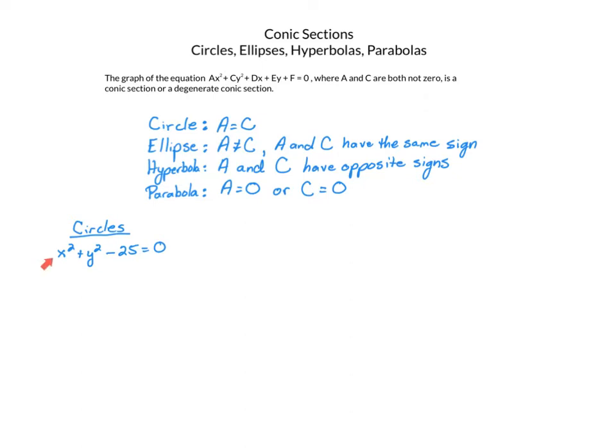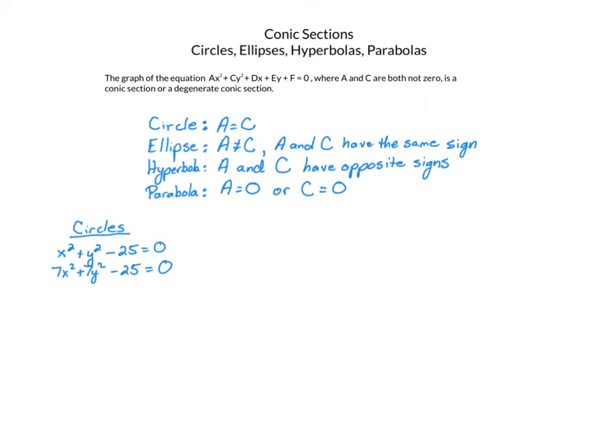The coefficient of the x squared and the coefficient of the y squared are each 1. But they don't have to be 1. 7x squared plus 7y squared minus 25 equals 0 would still be a circle. Its radius wouldn't be 5 anymore, but it would still be a circle.